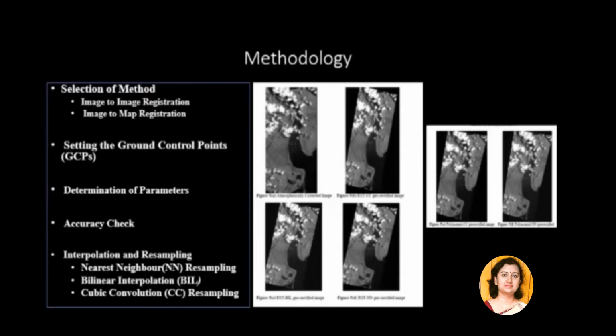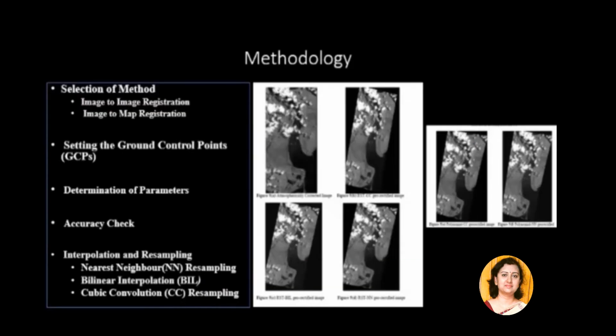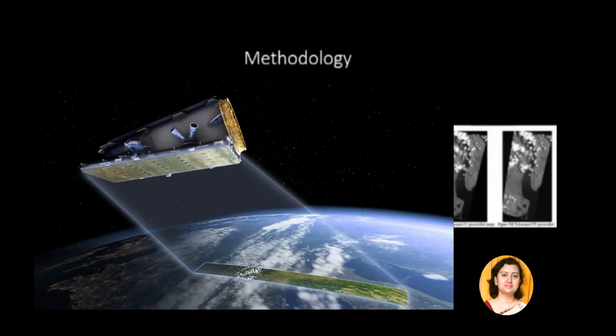Right now it might be a little bit difficult for you to understand the methodologies, but once you start doing it hands-on, you can understand it very, very well. Okay, so once again, I would like to repeat that the image that I am using for this particular study is a cloud-free Hyperion data of the Henry Island of Sundarban region that was acquired on the 27th of May 2011.